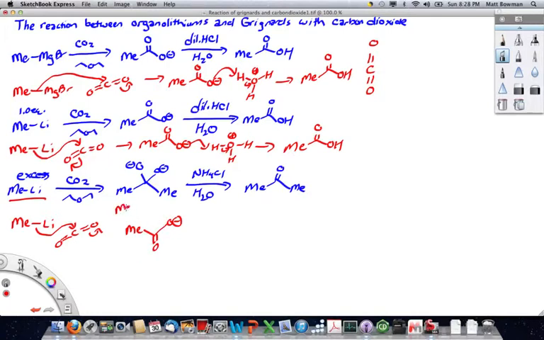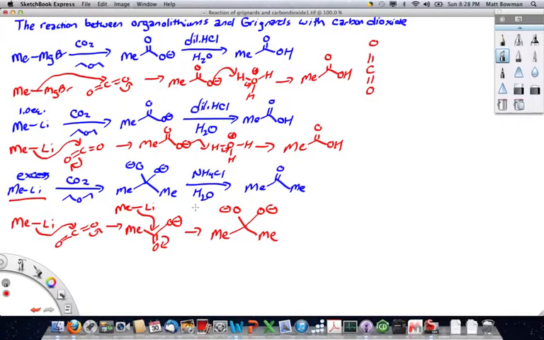If you have excess, you can get a second reaction where the electrons from the methyl lithium bond add, and then the electrons go up onto the oxygen, and you get this species with the two O minuses. And this cannot react further and waits around for you to add an acid source.